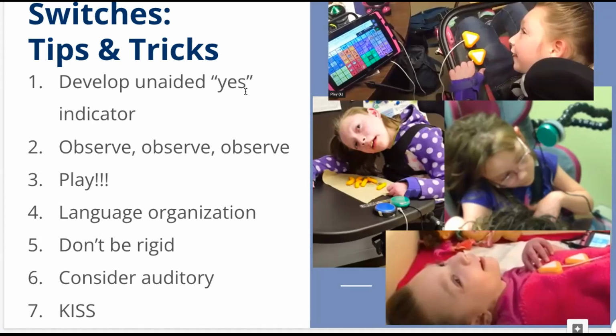So if it's a head movement, I might use it, or if it's touching this part of your tray, sometimes I can translate that into the switch access. My move switch, move to the next option, always goes where the person can just move incredibly easily.